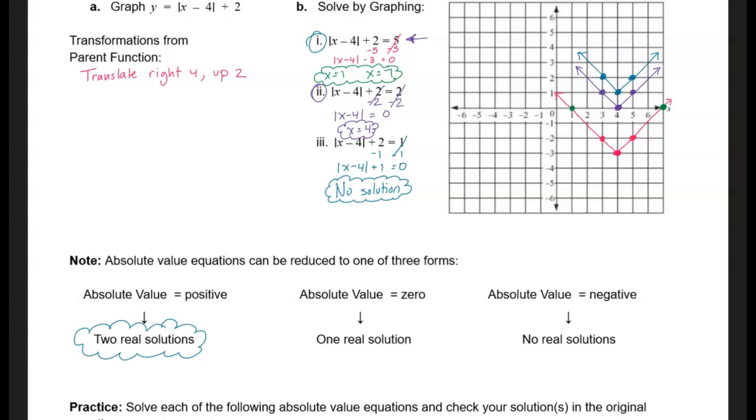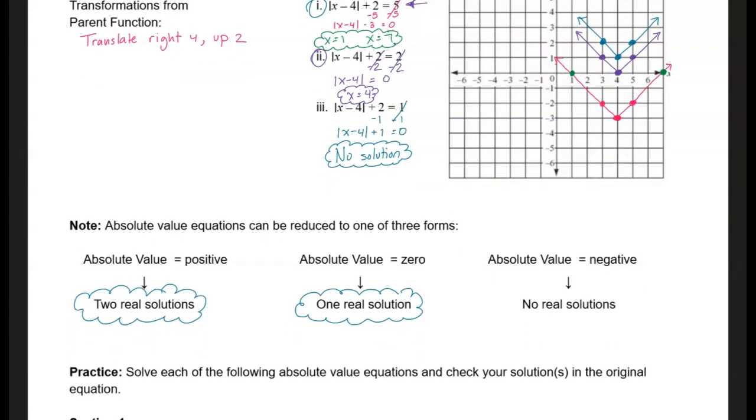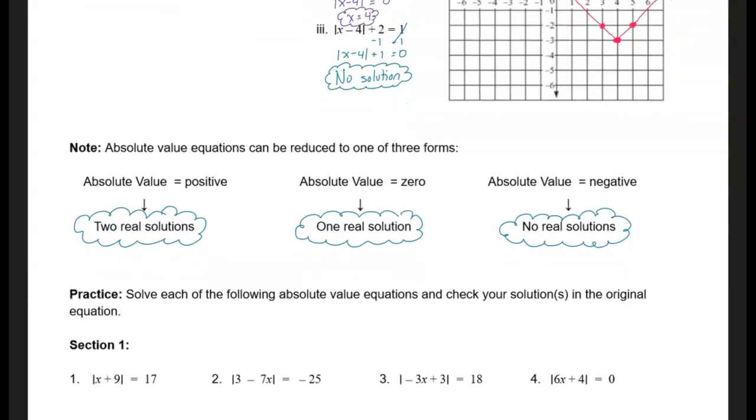See how our absolute value is equal to 0. If our absolute value is equal to 0, we have 1 real solution. And if our absolute value is equal to a negative, we have no real solution. If the absolute value all by itself is equal to a negative number, we're going to end up with no real solution.